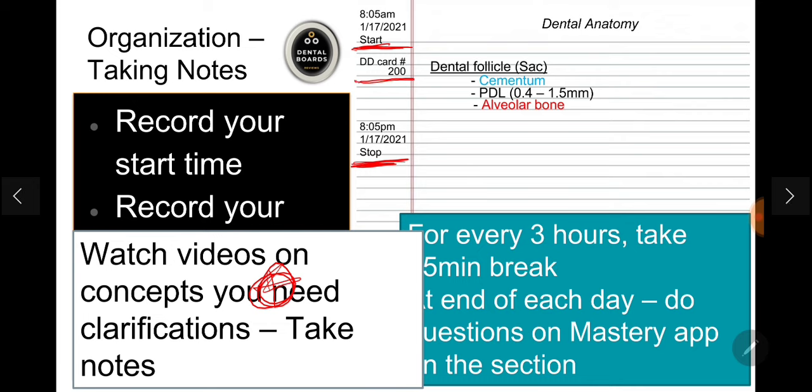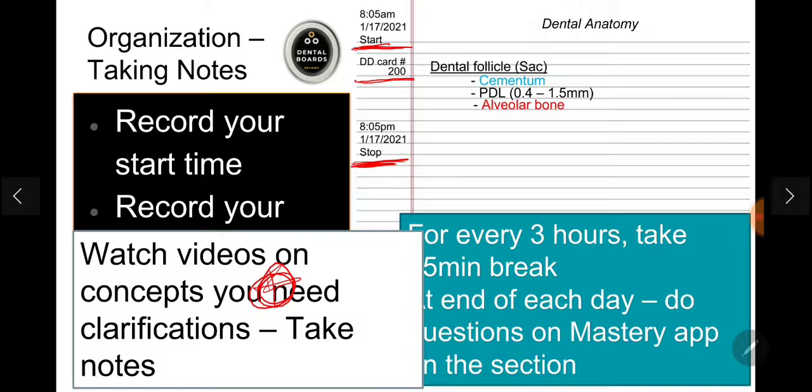And then watch videos on concepts you need to clarify. On YouTube, which I call the University of YouTube, there are a lot of videos. After you do the quizzes, or even after you study, you can watch some videos, and then once you finish the videos, take your quizzes on the things that you studied that day.